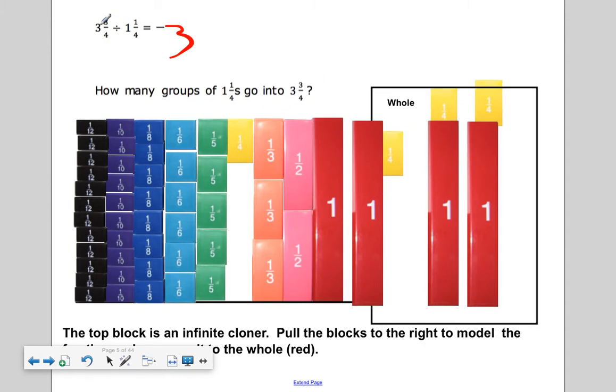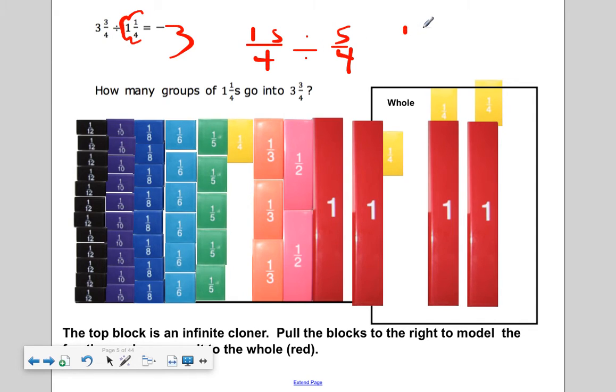Next example, 3 3/4. What is 3 3/4 as an improper fraction? It is 15/4. I divide it by 1 1/4. What is 1 1/4 as an improper fraction? 5/4. Again, if you forgot how to turn it into an improper fraction, I used to teach us the popcorn method. You multiply the denominator by the whole number, 4, and add 1 more, that's 5 fourths.